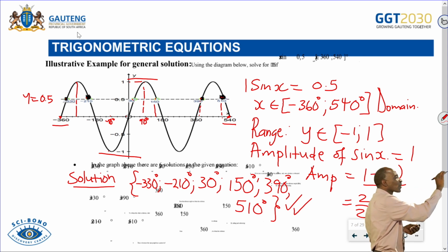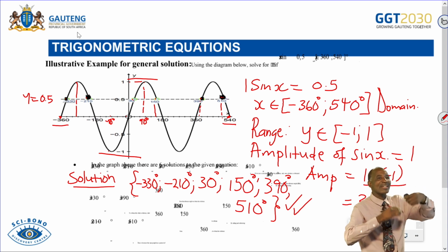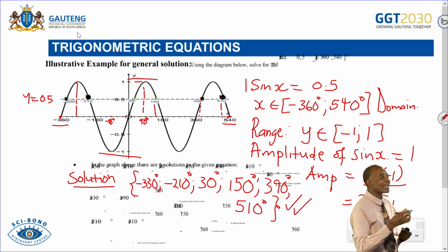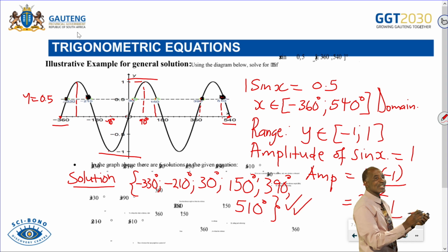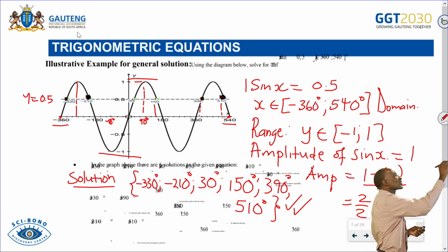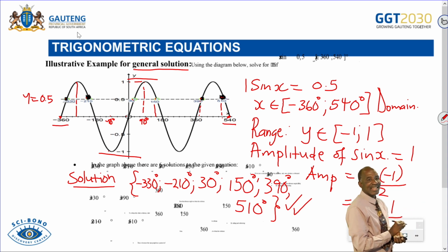Then the broken line will also continue up to infinity. So these two graphs will forever be meeting, and we can generate answers where they meet. Since we can't write down all the solutions, we call that solution a general solution. There is a special way of representing that general solution, as you shall see as we continue.